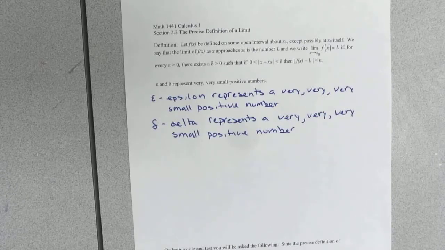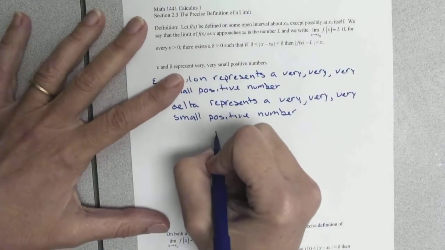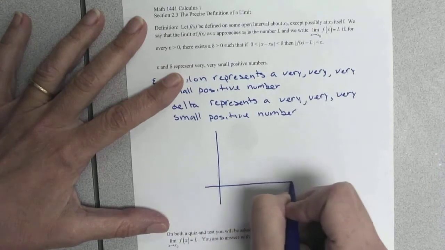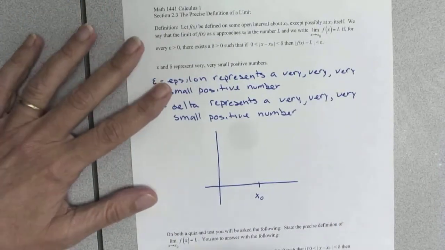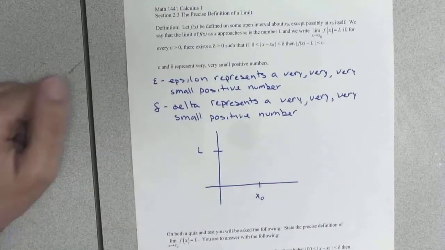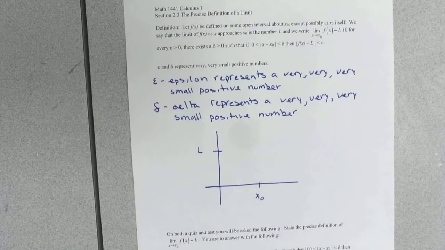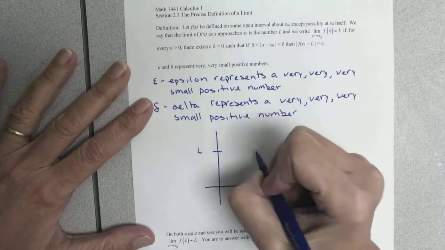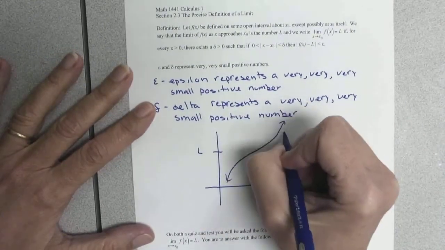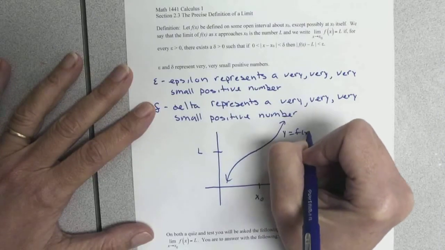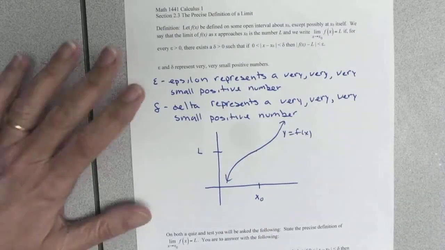Okay, my slight attempt at trying to get you to understand what this says. I'm going to have a function here. And I've got some number on the x-axis, x naught, and I've got my limit value on the y-axis, L, and then I've got some sort of function that may or may not be defined at x naught.